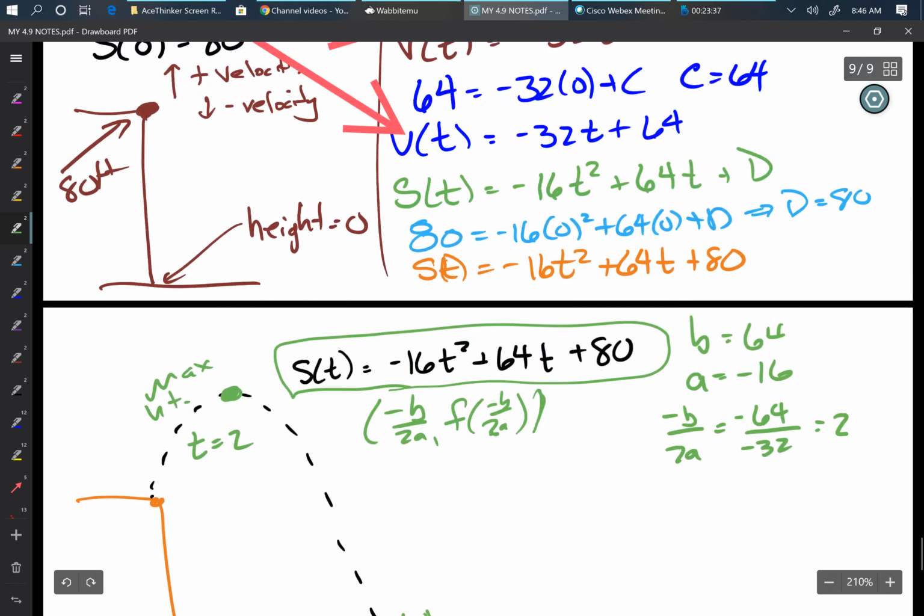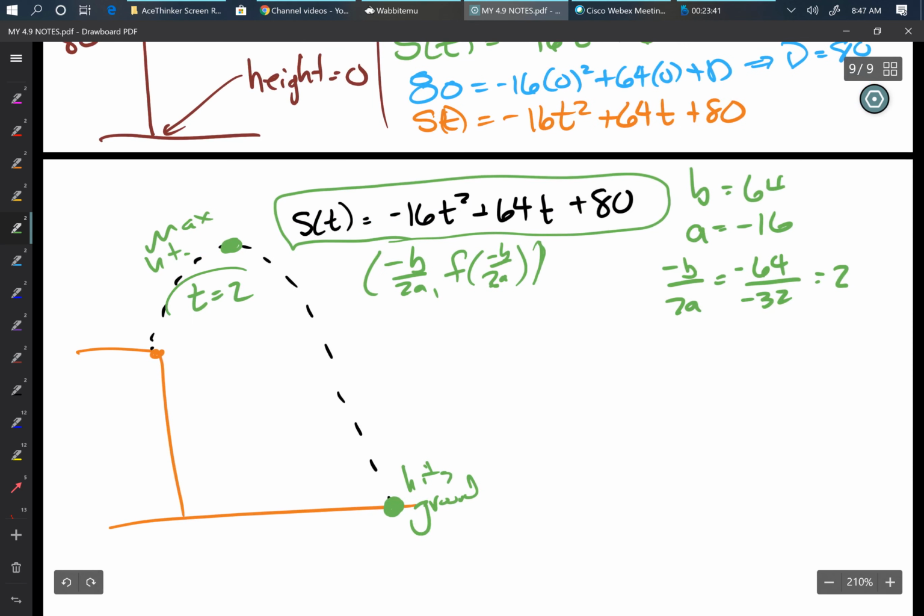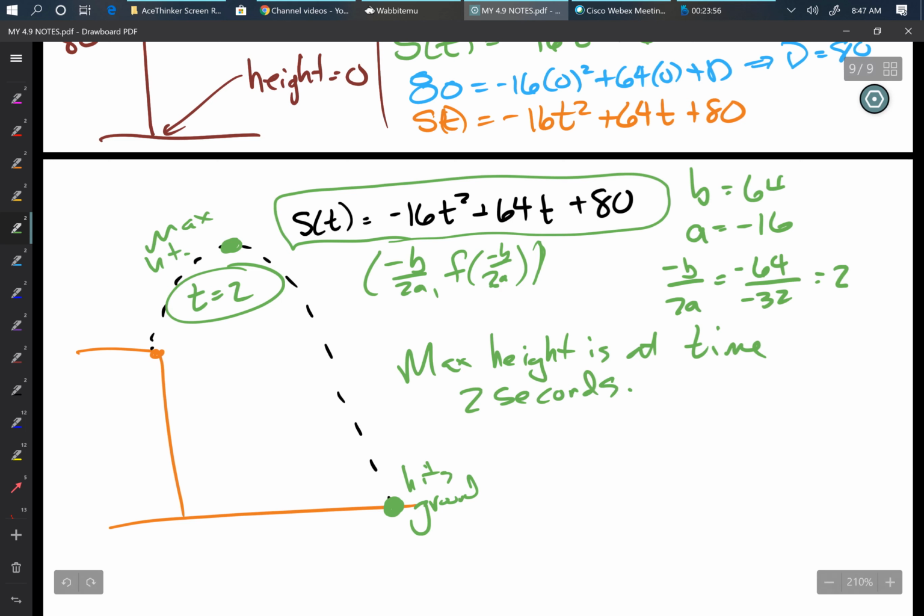So I'm going to go back up here for a second. When does it reach maximum height? I'm done. Time equals 2. So max height is at time 2 seconds. What is the max height? I really don't care. They didn't ask me to find that.